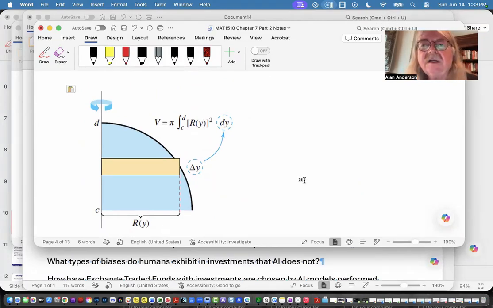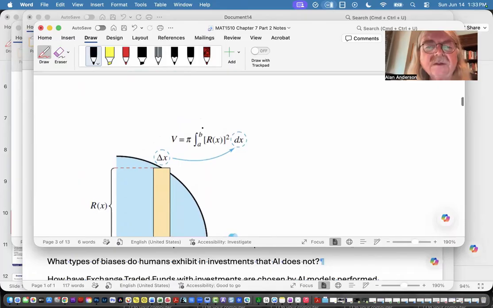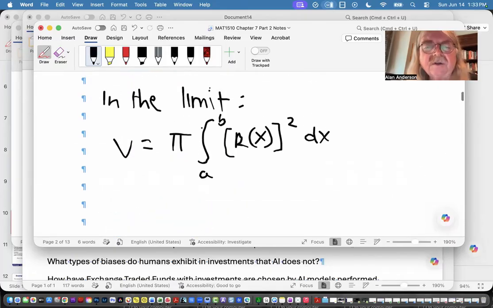The interval has to change. You notice how it's c to d now instead of a to b. R is expressed as a function of y instead of x. And so the resulting formulas are going to be a little bit different too.